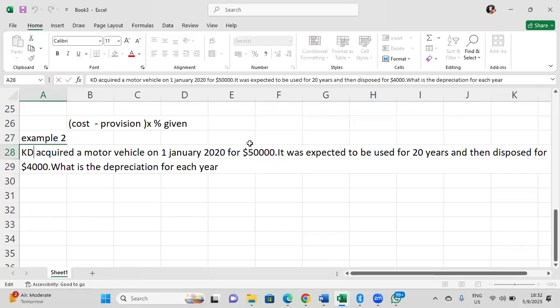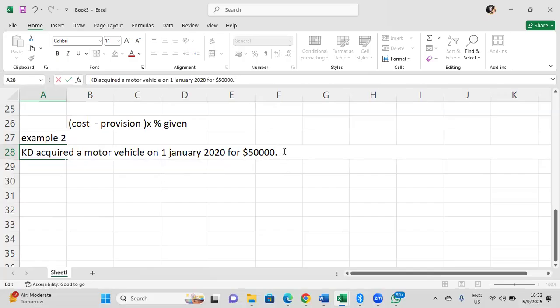So for the reducing balance method now, we are going to remove the statement from here and rewrite it over that. Katie acquired a motor vehicle on 1 January 2020.